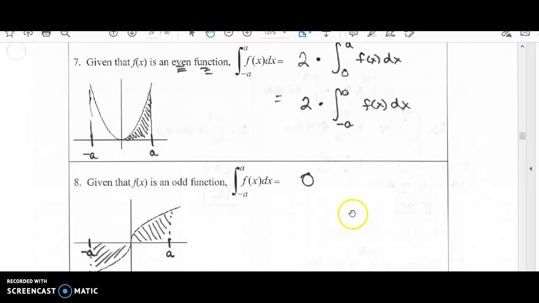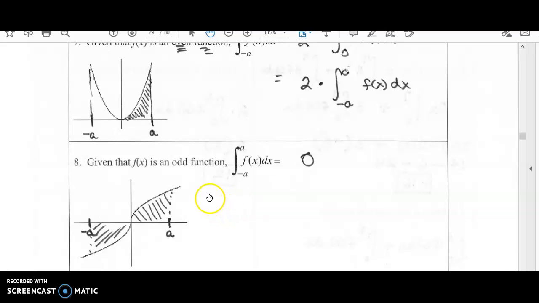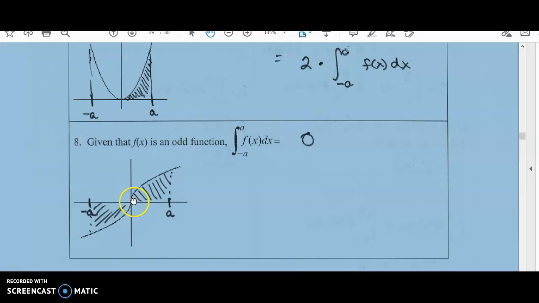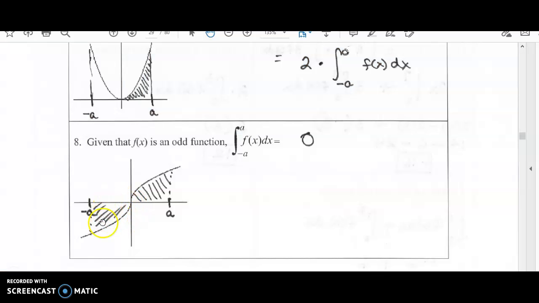And then what about an odd function? Well, with an odd function, because the integral measures positives and negatives, you can do the same problem. And as a reminder, odd functions are symmetric with the origin. So being below the x-axis means it's a negative area, and being above the x-axis is positive. They will cancel each other out as long as it's from negative a to positive a.